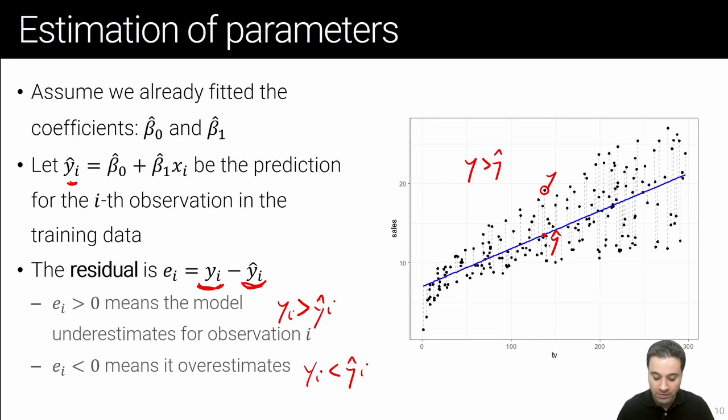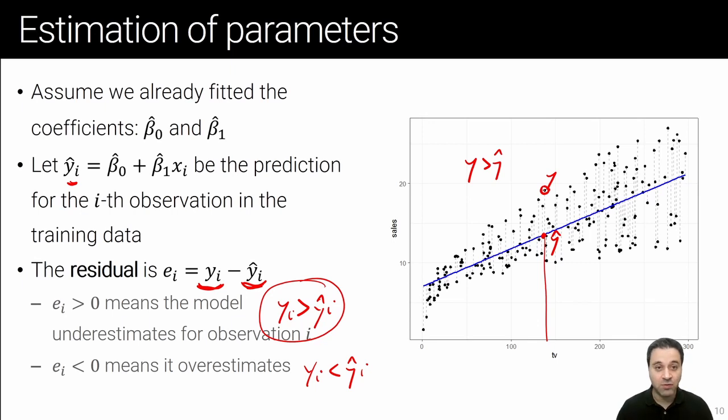And so we can think about this distance. In this case, y is larger than y hat. So in this case, the model is underestimating the sales for this amount of TV advertising because it's saying it's around here, like 13, and it should actually be closer to 20. So this is the notion of residual.